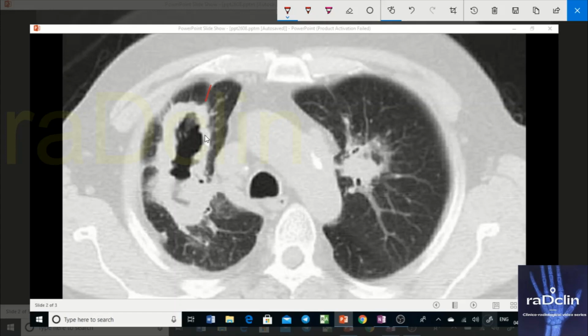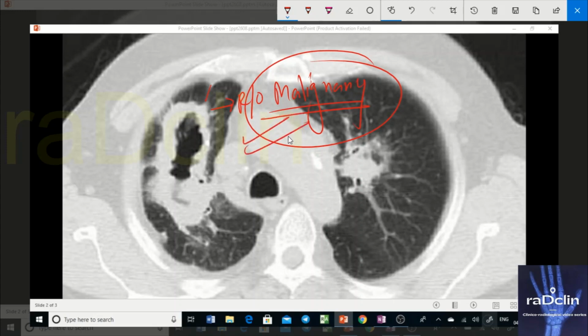But to be cautious, you should rule out malignancy in this case, because malignancy is one complication of cavitating nodules due to Wegener's. Many cavitating nodules of Wegener's can turn into a malignant cavity as well. That's why it is important to rule out malignancy in such suspicious nodules.